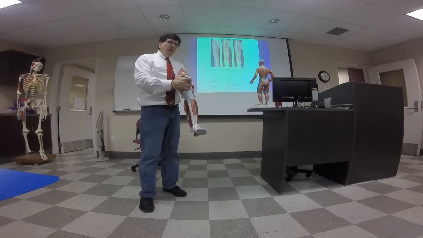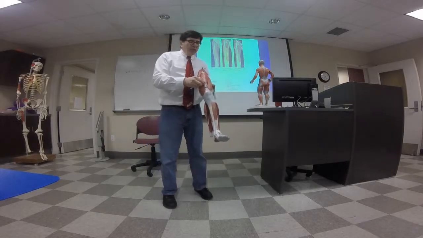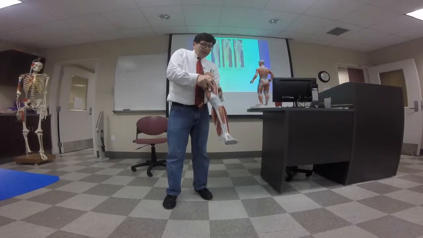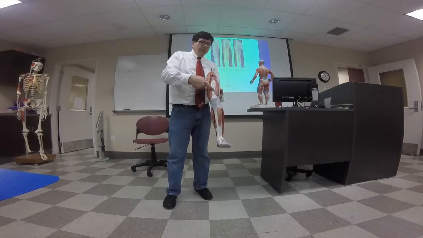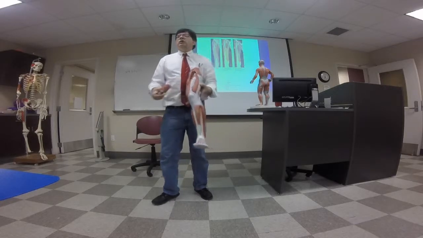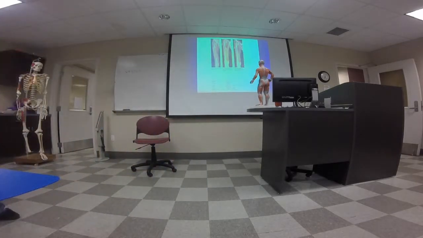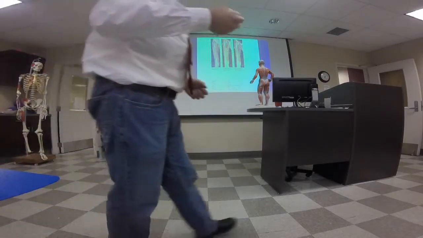This prominent muscle lateral to the rectus femoris is the vastus lateralis. And I have to remove the rectus femoris to demonstrate the 4th muscle, which is the vastus intermedius. So the 3 other muscles of the quadriceps group are referred to as vastus muscles: medialis, lateralis, and intermedius.